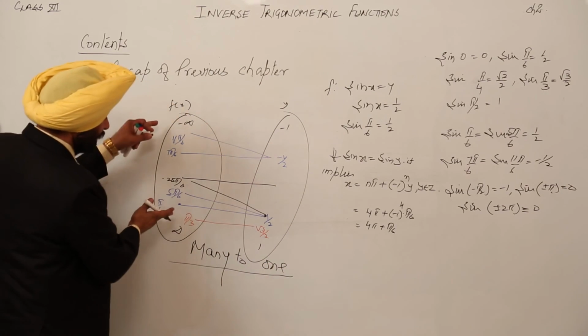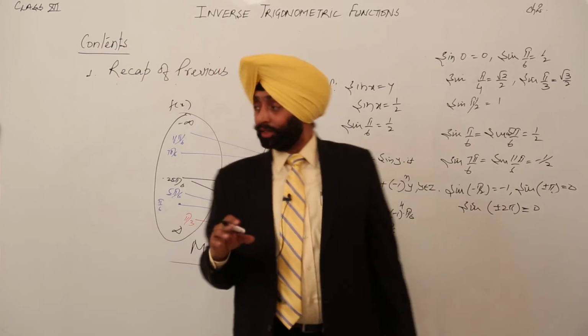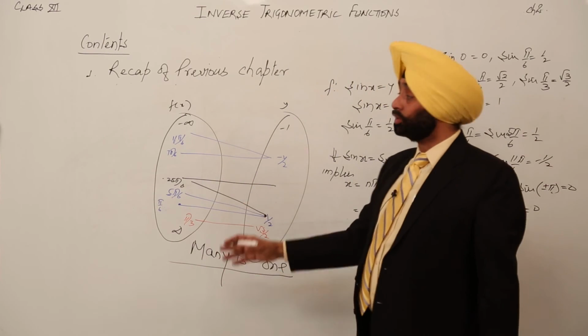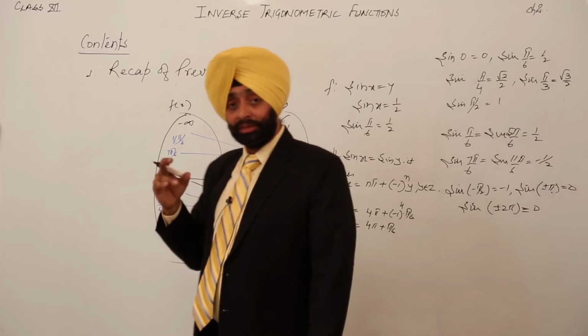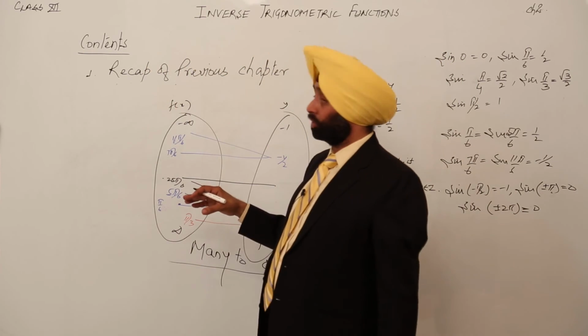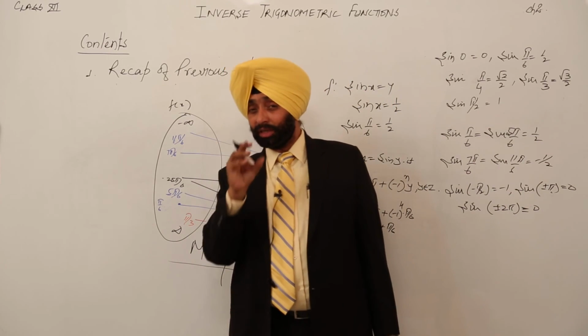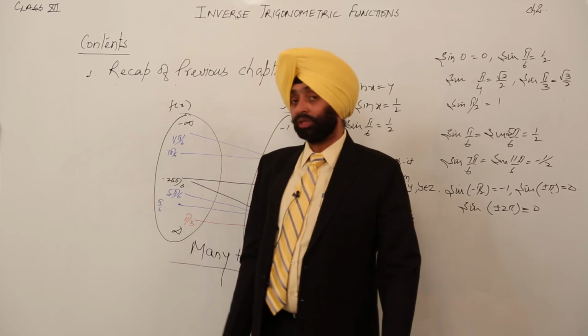Many values to one value. Now when it is many to one, it is not 1-1. When it is not 1-1, how can we find the inverse of sin x? This we are going to study next. That was a little bit of introduction, and then the basic part. So let's move to the second.